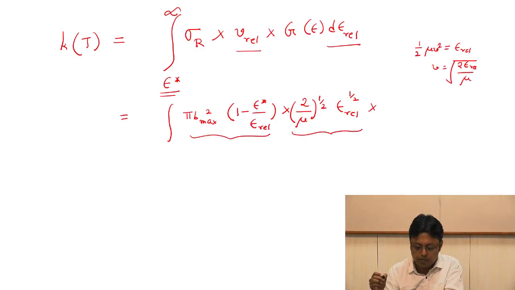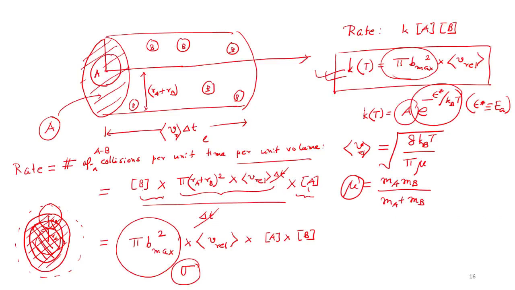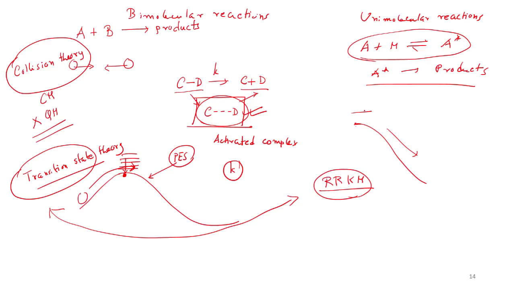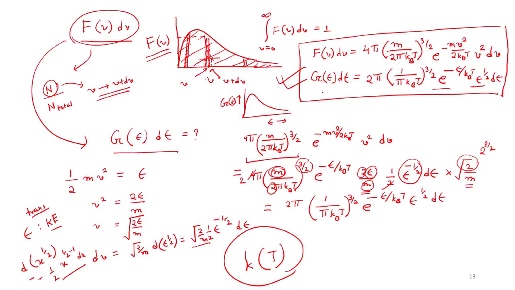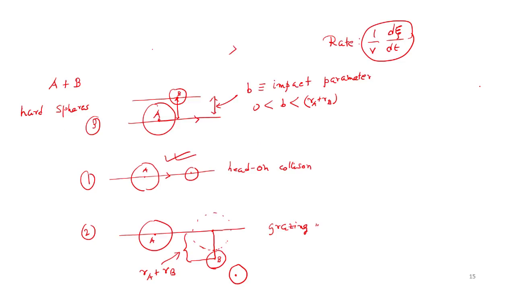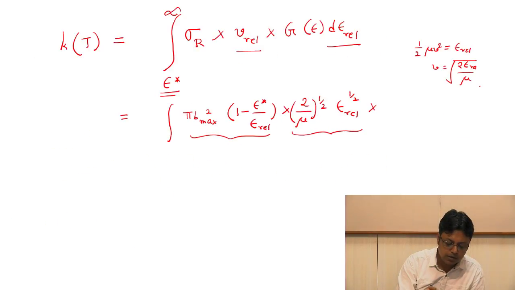And then I have the distribution which we just got: 2 pi times 1 by pi kBT raised to the power 3 by 2, e to the power minus epsilon by kBT, epsilon to the power half, d epsilon.